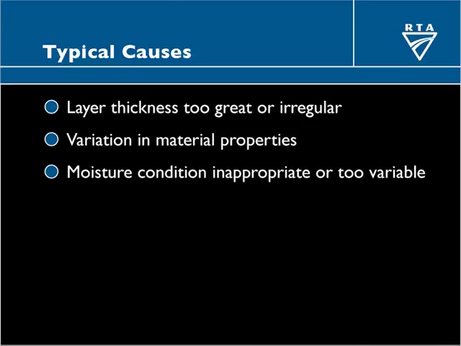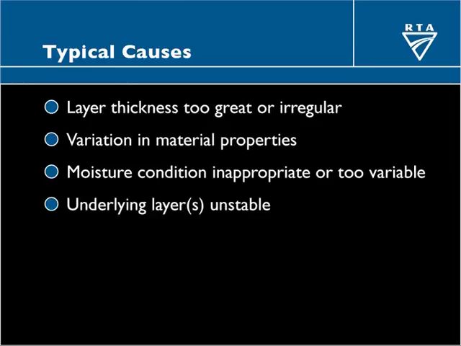The moisture condition may be wrong, either inappropriate in the sense that it's not sufficiently aligned to the field optimum for your compaction routine, or that it's too variable, so that say average is okay but it's all over the place. There are some points which are too wet and some which are too dry.